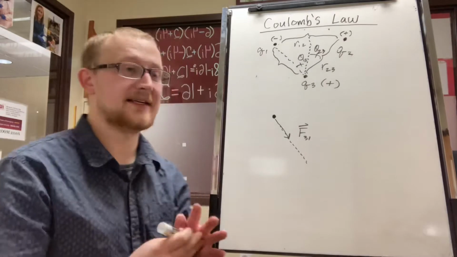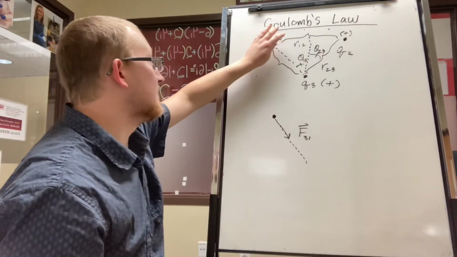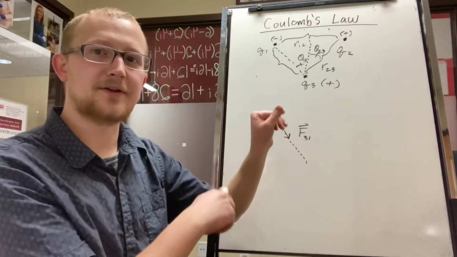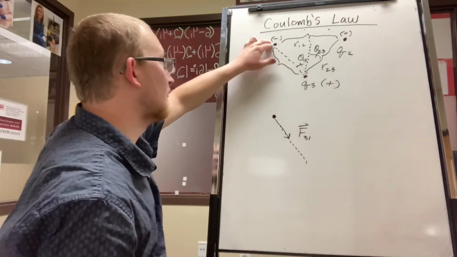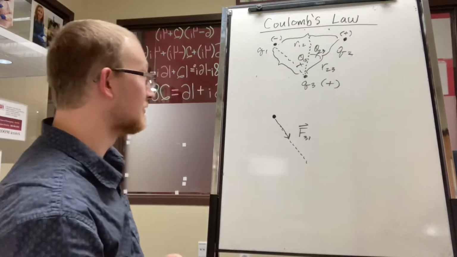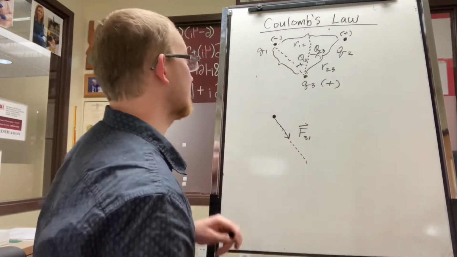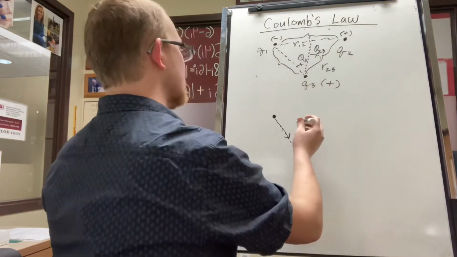I want to point out that when you're focused on a particle here, you essentially imagine, like I said before, that all these particles are nailed to the board, so they're not going to move. Superposition tells us that you can focus on one particle at a time and find the forces on that particle. So this is the force that charge 3 is exerting on 1, and this is more of a horizontal distance.